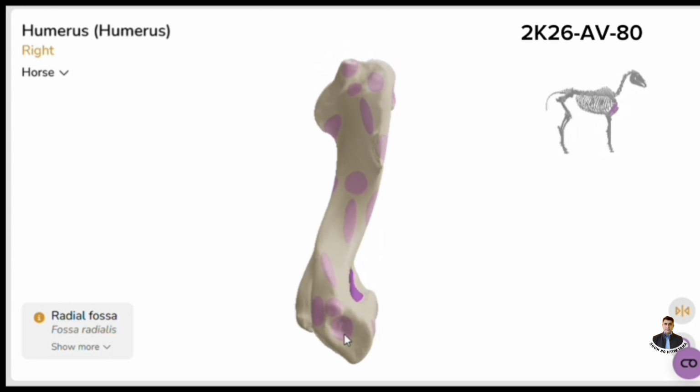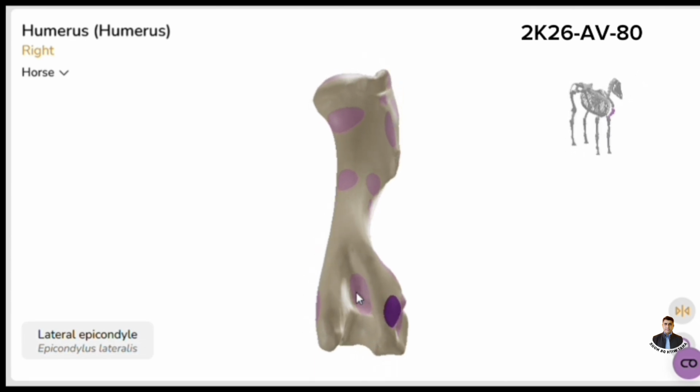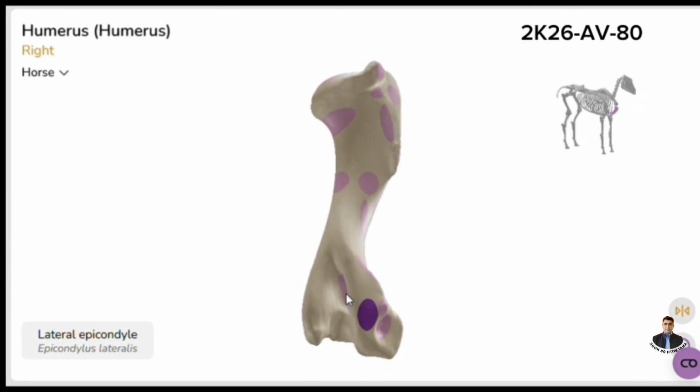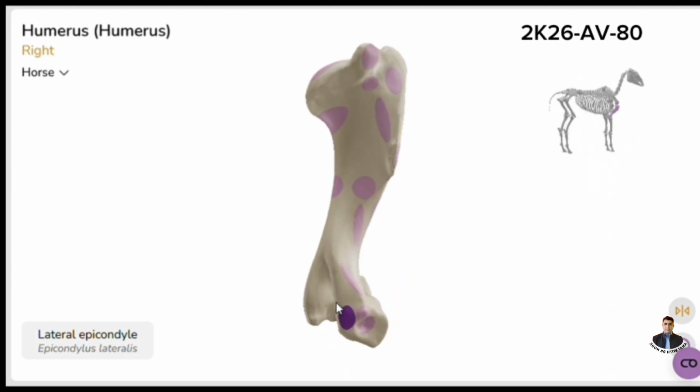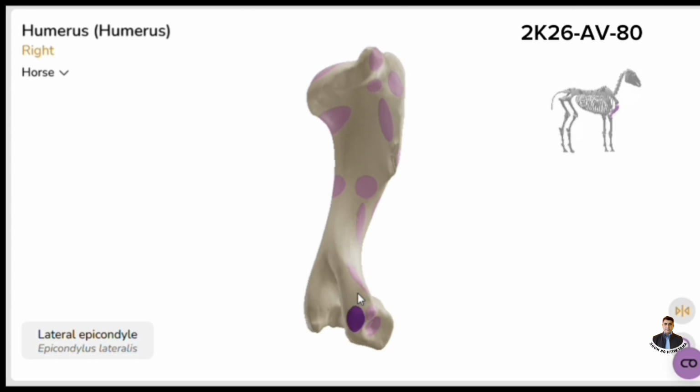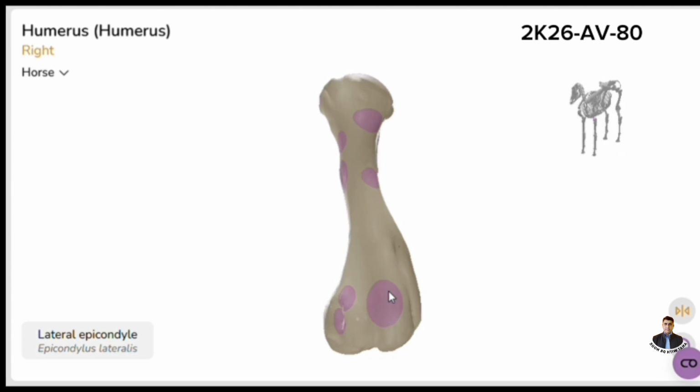Now we will see the epicondyles. There are two epicondyles, the lateral epicondyle and the medial epicondyle. These are rough projections that serve as attachment points for muscles. The medial epicondyle gives attachment to flexor muscles while the lateral epicondyle gives attachment to extensor muscles.